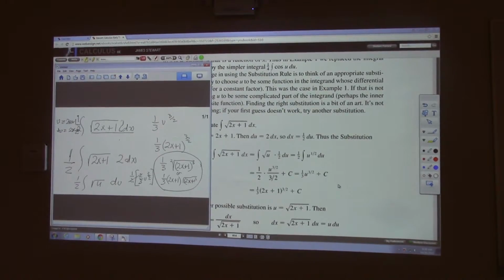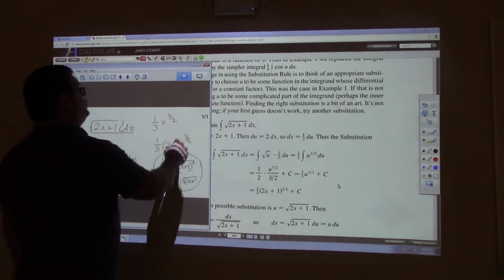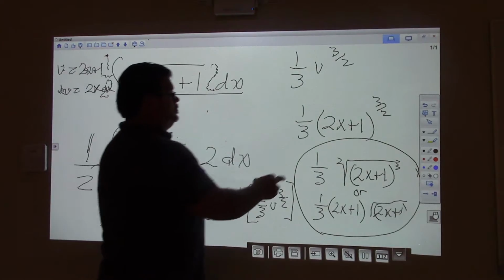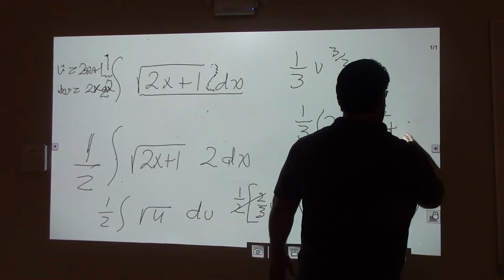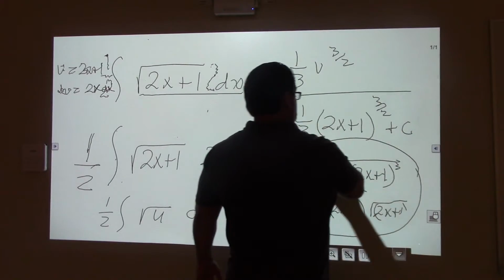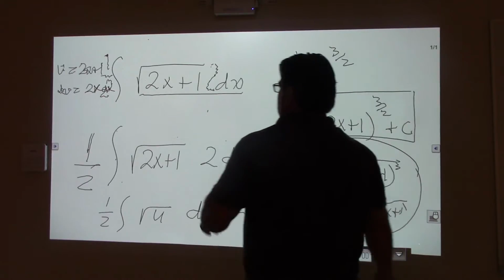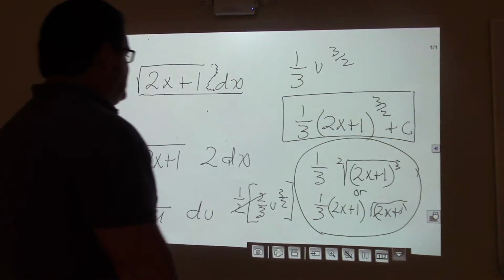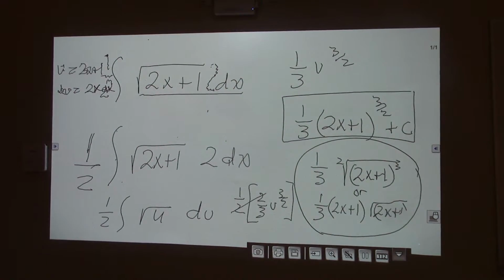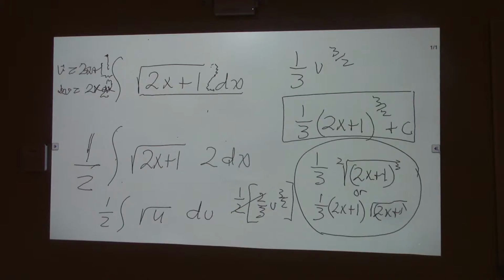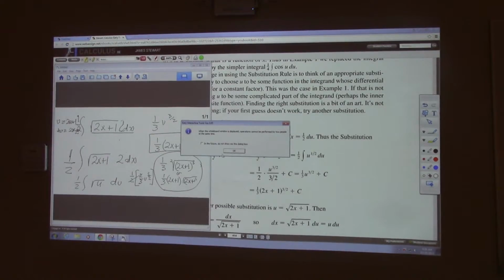So they just stopped right here. This is not the best problem to use as an example. I would not use this one. I was trying to find one a little bit better to use, because usually the radical messes people up.